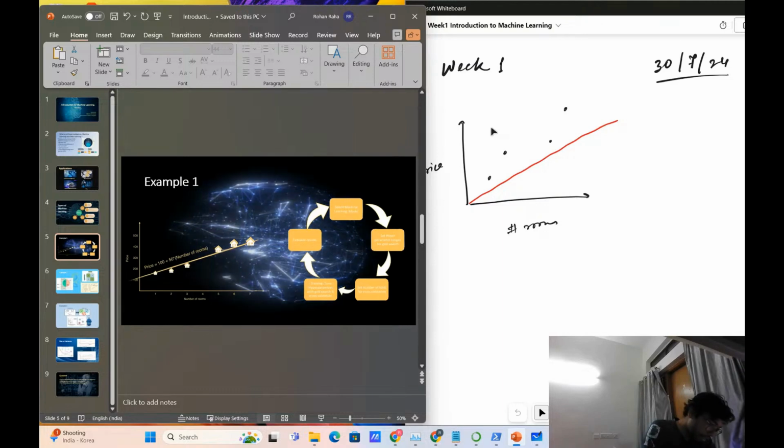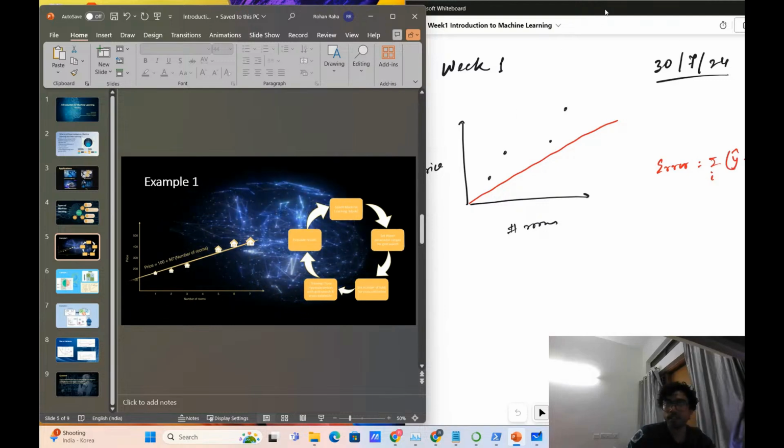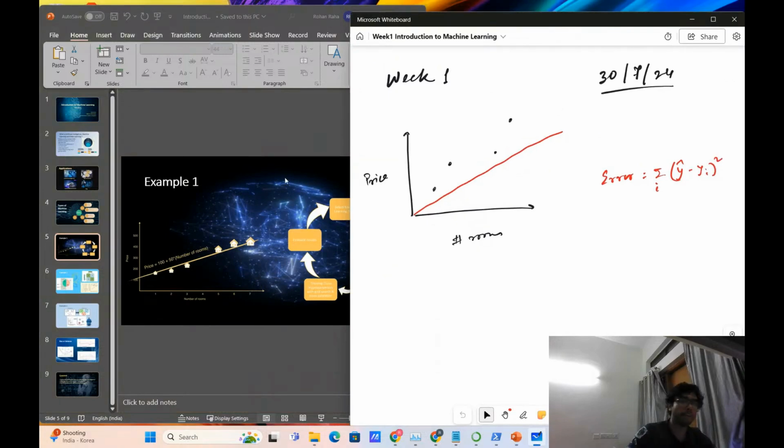The error you calculate as the summation over all the examples that you have of (y hat minus yi) whole squared. Here y hat is the predicted value of price, and yi is the given or observed value of price.